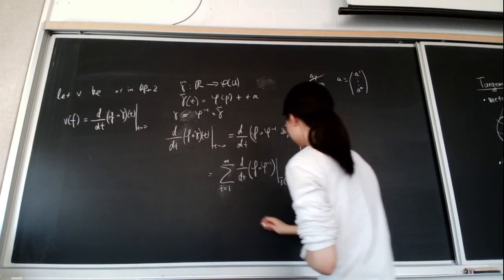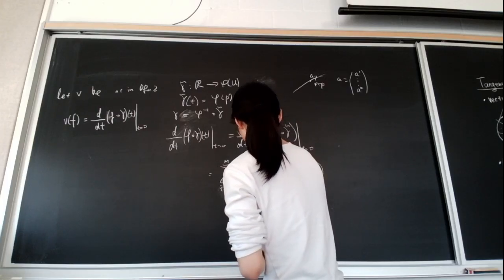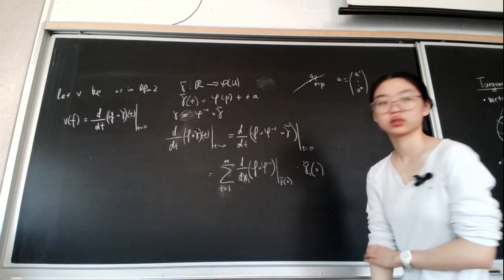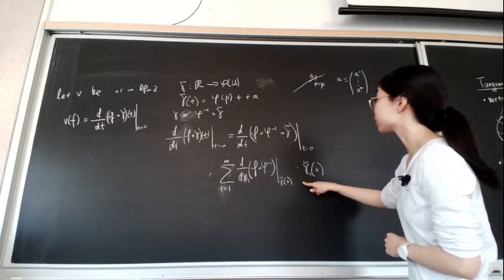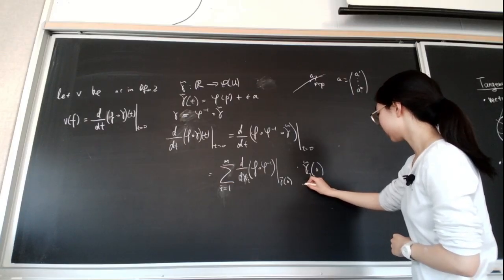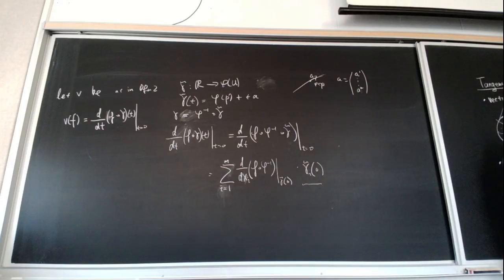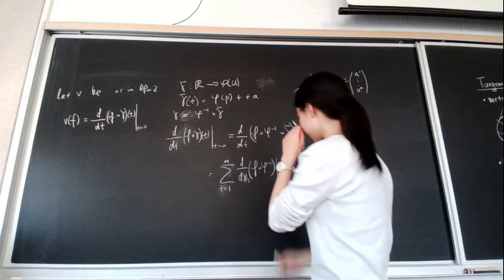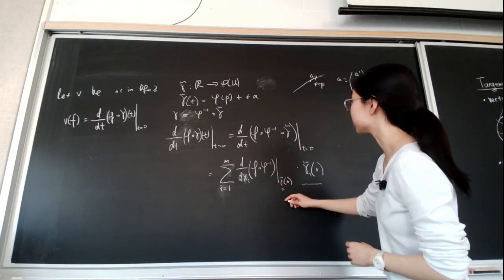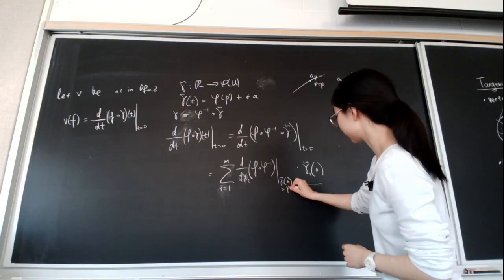It should be gamma i, this is partial x. And this is just a number, that's the ai here, and this is equal to just 5p.